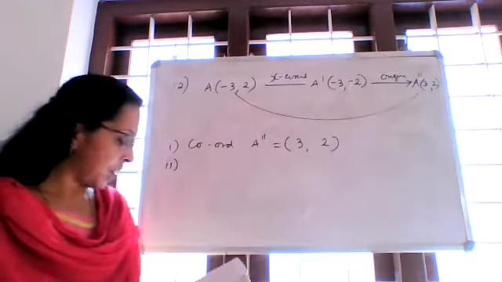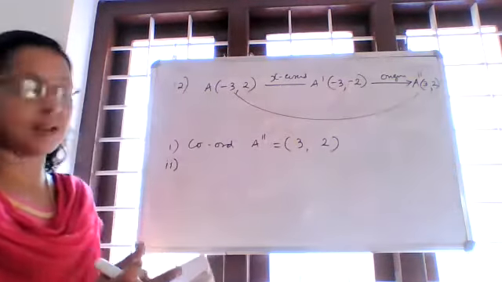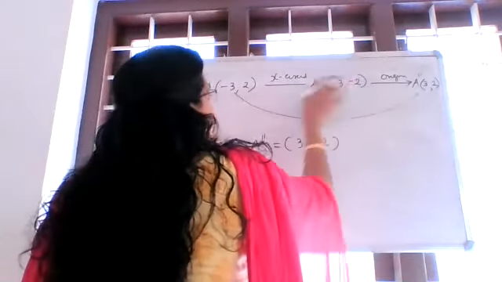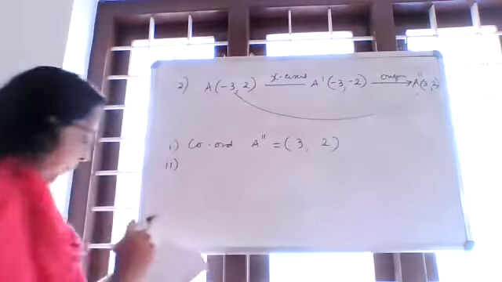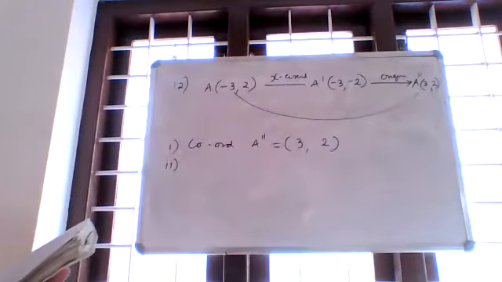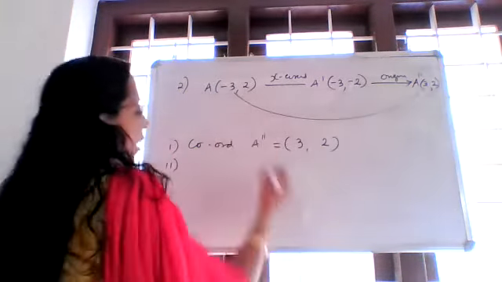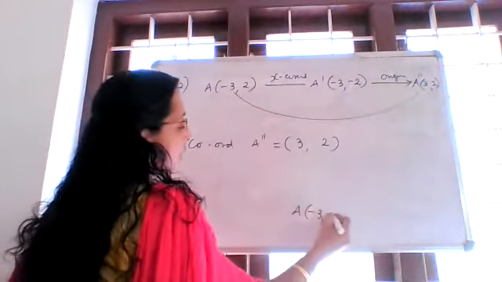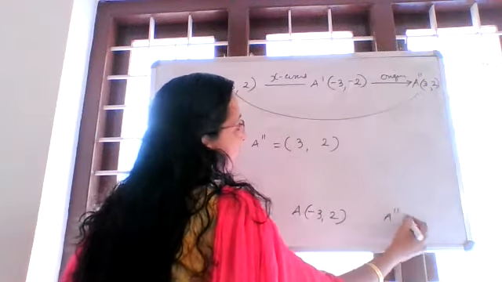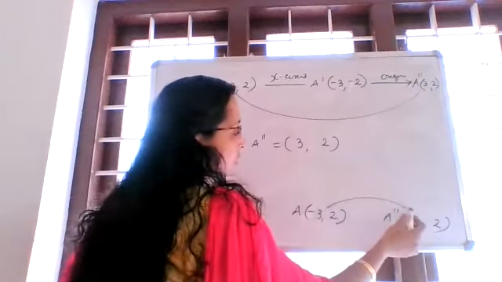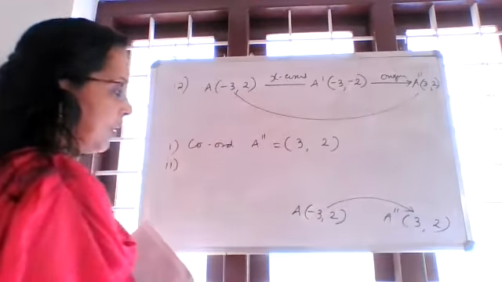The second part is the transformation. So look at A and A double dash, no need of looking at A dash. Direct single transformation that maps A onto A double dash. A is negative 3, 2 and A double dash is 3, 2. So from here to here, what transformation?